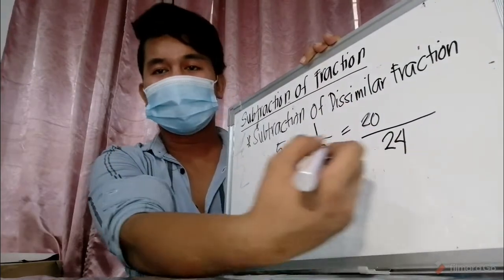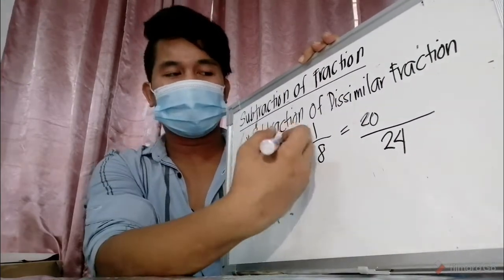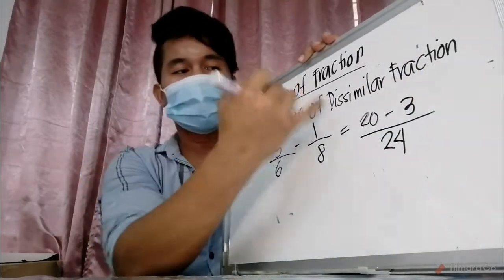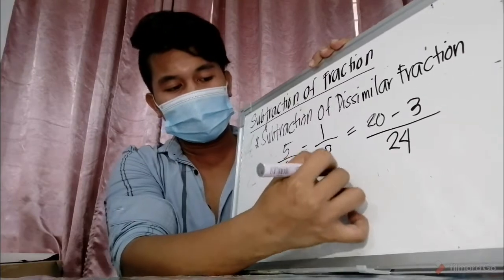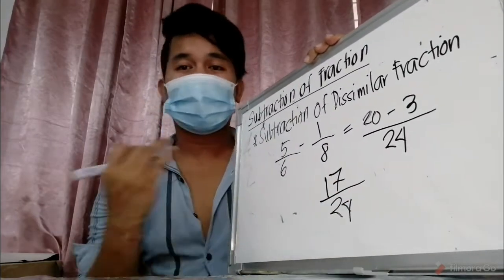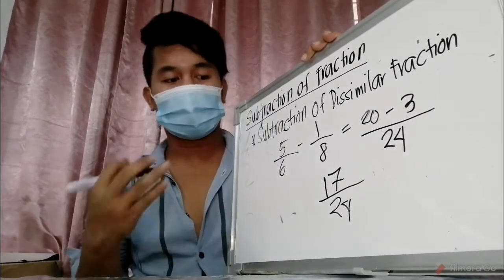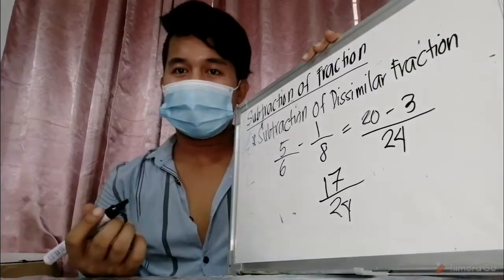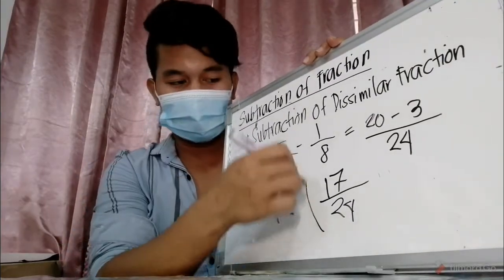And 24 divided by 8 is 3, times 1 is 3. So 20 minus 3. And what is 20 minus 3? It is 17 over 24. And 17 over 24 is already in its simplest form. That is why 17 over 24 is the answer.